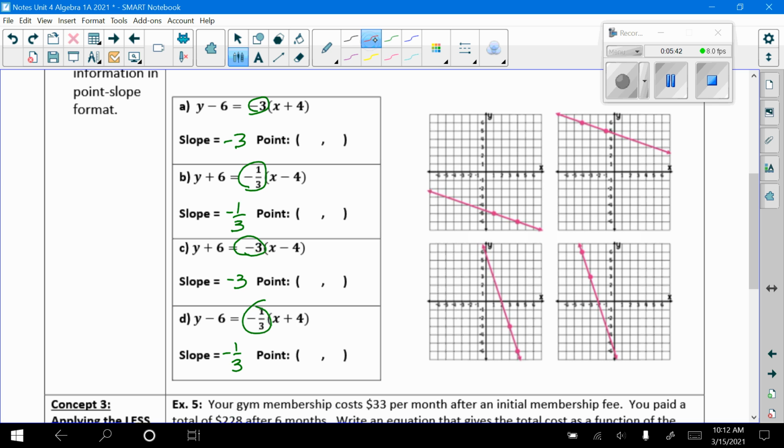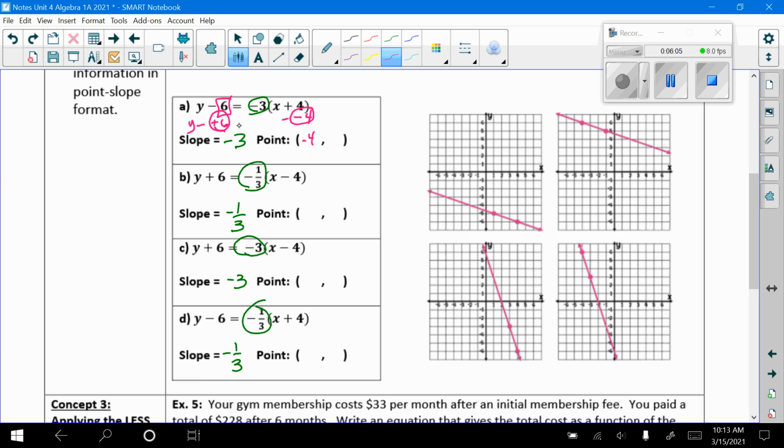Now we need to go through and find the points. So the point that I'm given here is, this is actually a -4, right? That plus is a negative. So the -4, that's my x value. And my y value is y minus, and it's just a 6. So it's basically y minus 6.